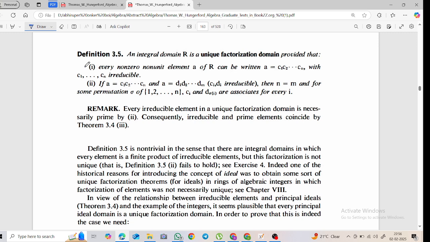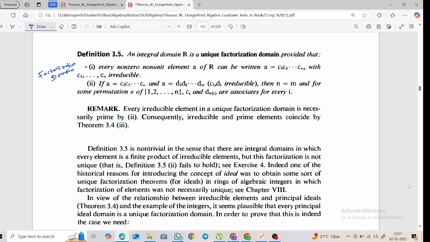So this condition one is the definition of a factorization domain. Every non-zero non-unit element in A can be factorized in terms of irreducibles, that is, it can be written as a product of irreducibles.